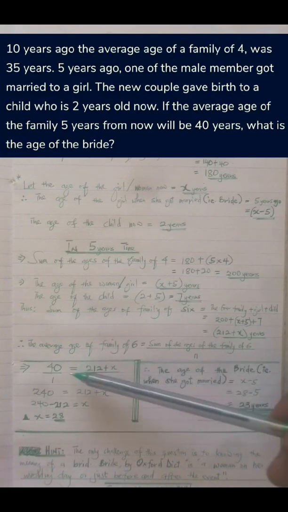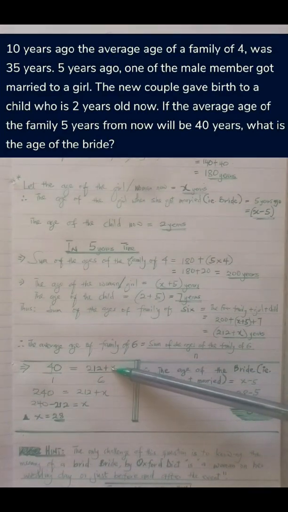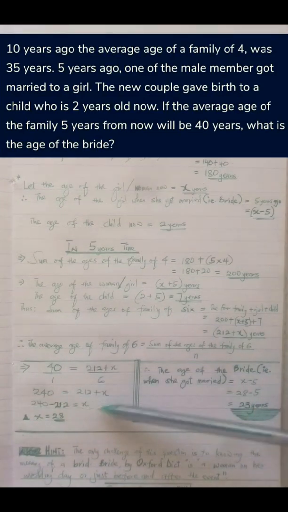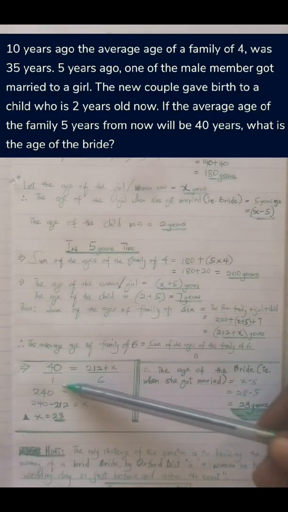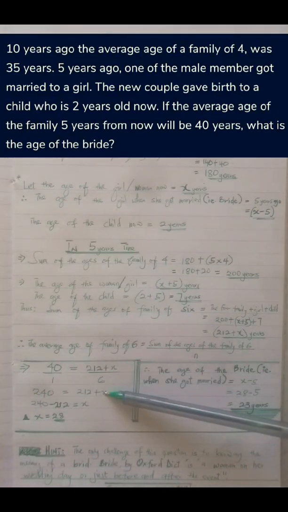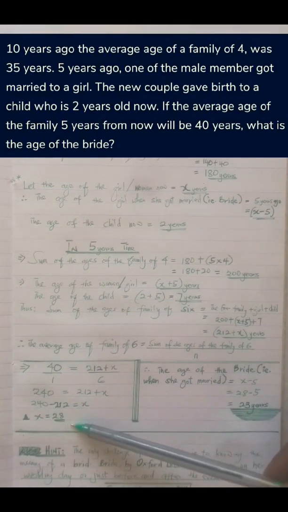Substituting what you have, 40 over 1 equals 212 plus X over the number, we are 6. So cross multiply, we have 6 times 40, 240, and then 1 times 212 plus X. So grouping like terms, X will be 28.